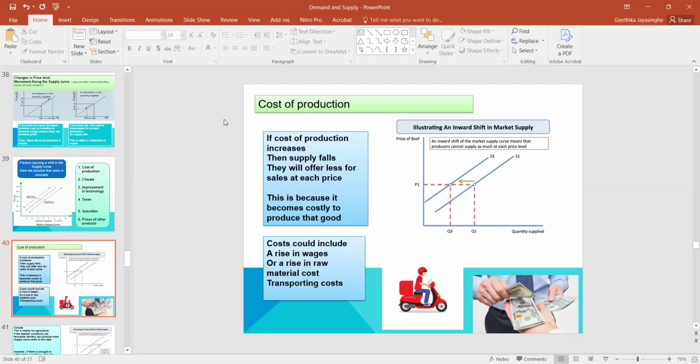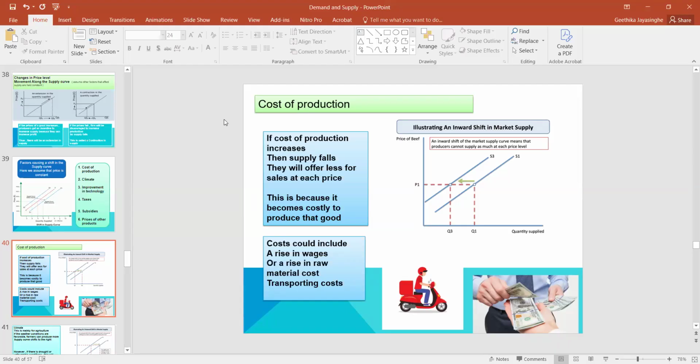And by fertilizer, what are we trying to do? Make the soil more fertile. So if you put the relevant amount of fertilizer, finally your harvest will be better. You can have a situation with bumper crops, a good situation. So therefore, if the fertilizer subsidy is borne by the government, the cost of production of the farmer will reduce.